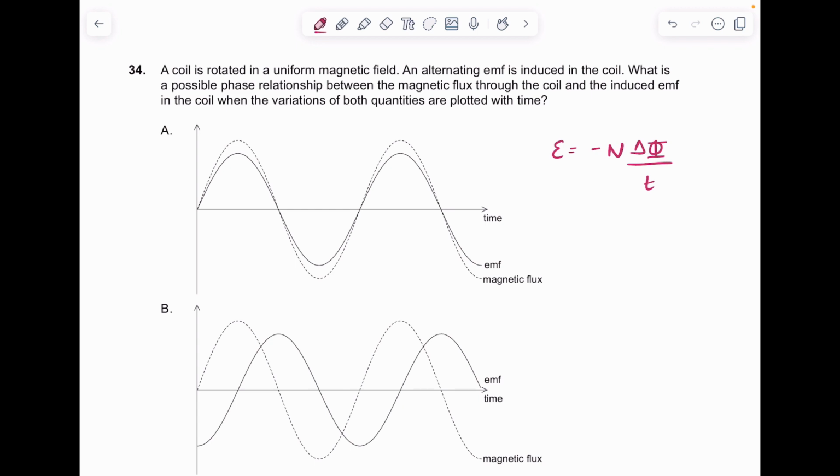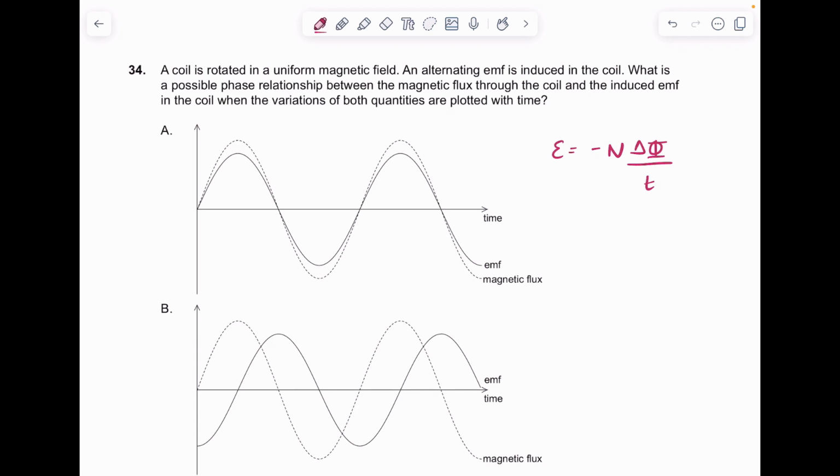So the EMF is a maximum for the maximum change in flux, but opposite in direction. So when the flux is not changing, the EMF is 0. When the flux is changing, the EMF is a maximum.